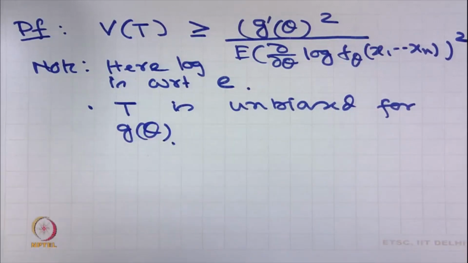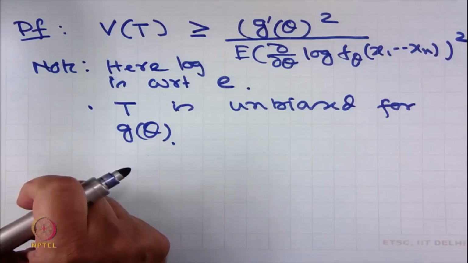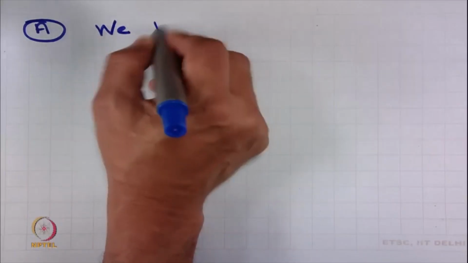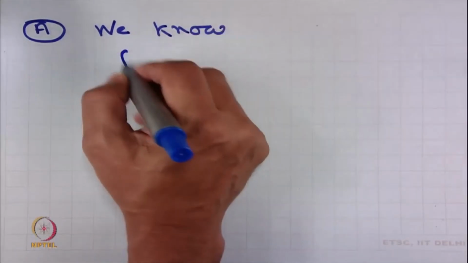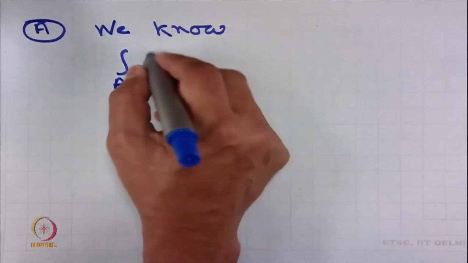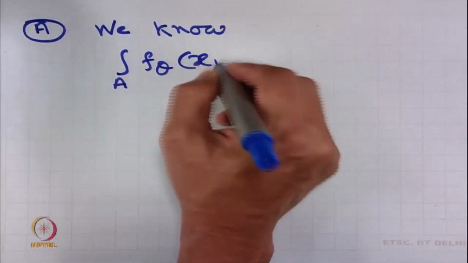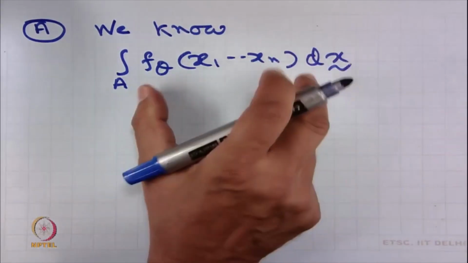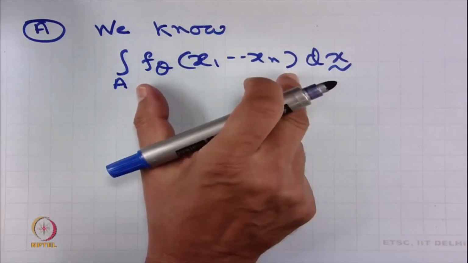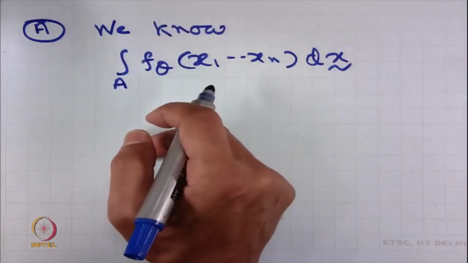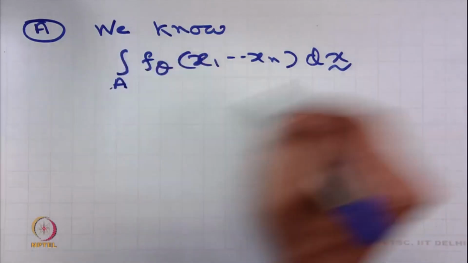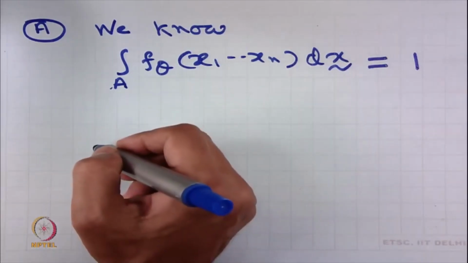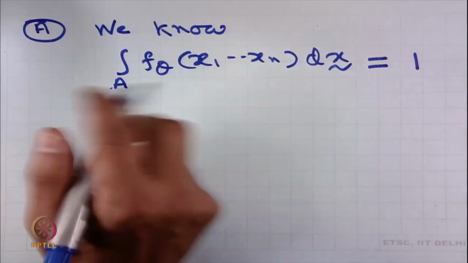Okay. So, we begin the proof in the following way. We know the integration over A of f theta x 1 x 2 x n dx. That means, I am looking at the joint density function and I am integrating it over the entire possible range, and that has to be equal to 1, because the total probability is 1.